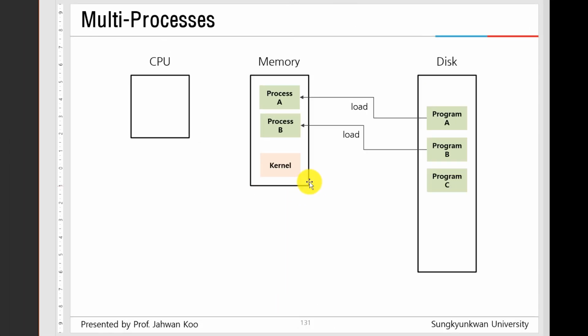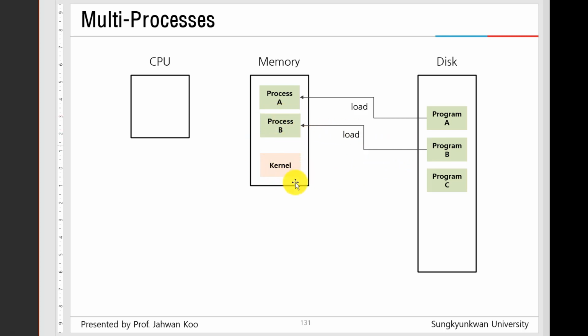We can create several programs that can exist in the disk. Several programs can be loaded into the virtual memory. In other words, when program B is executed, the kernel loads program B into the memory.